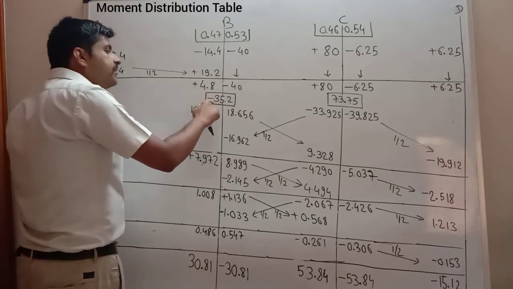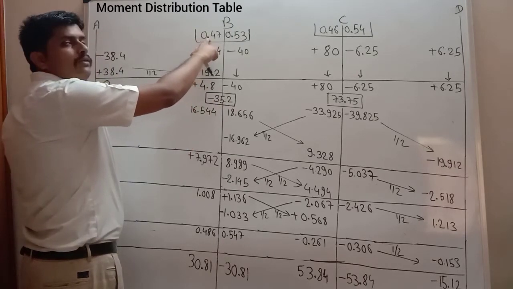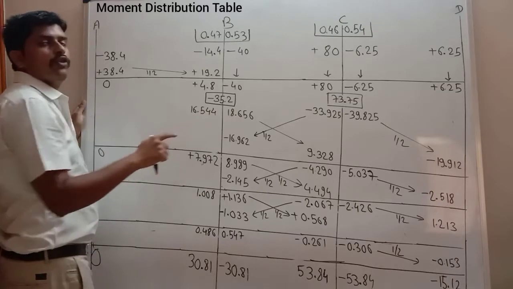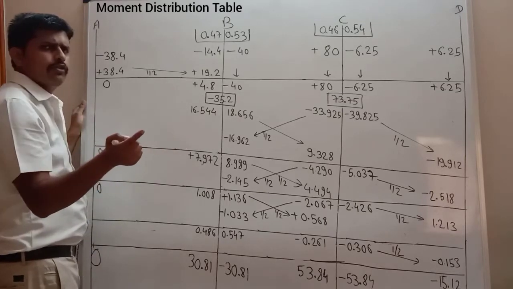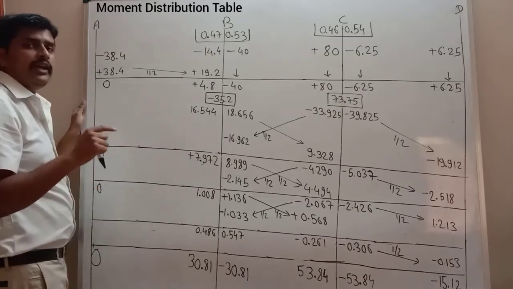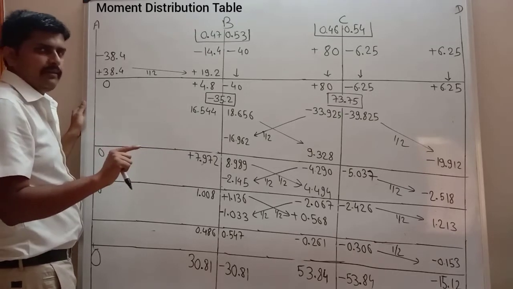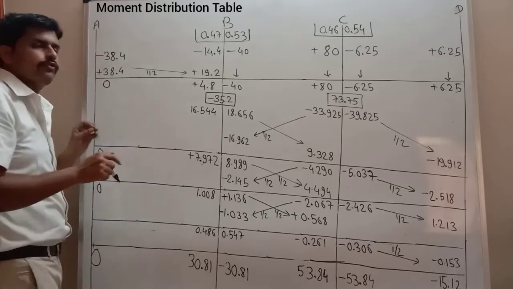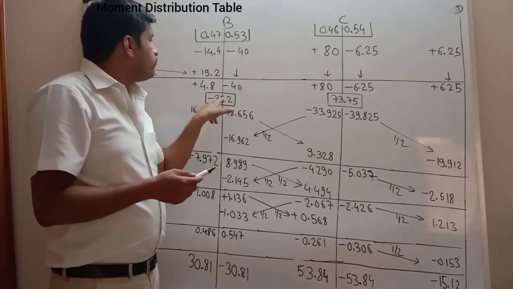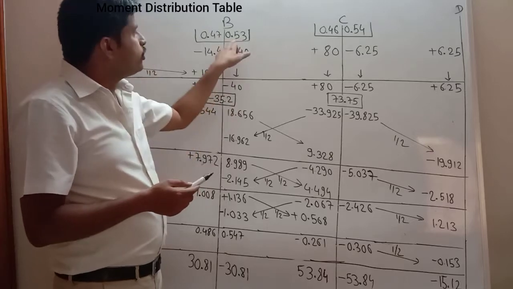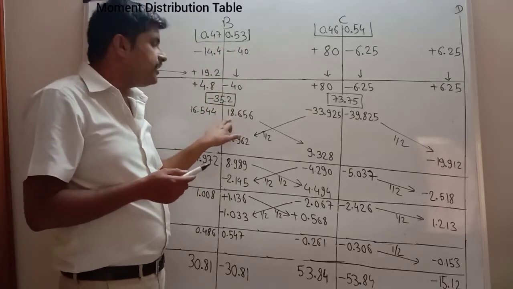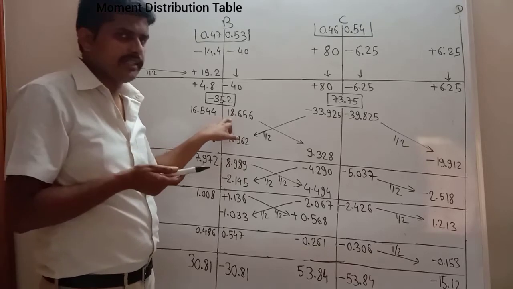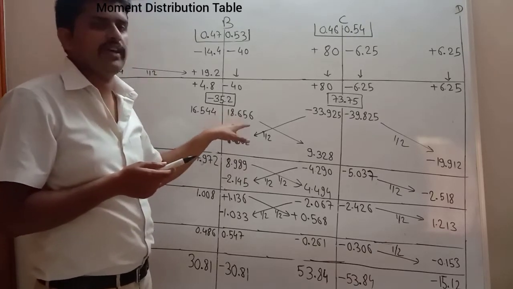Now multiply this moment with 0.47. We will get minus 16.544, but we will write it with the opposite sign to balance the moment, so plus 16.544. Now minus 35.2 into 0.53, we will get minus 18.656, but we will write it with the opposite sign, so plus 18.656.